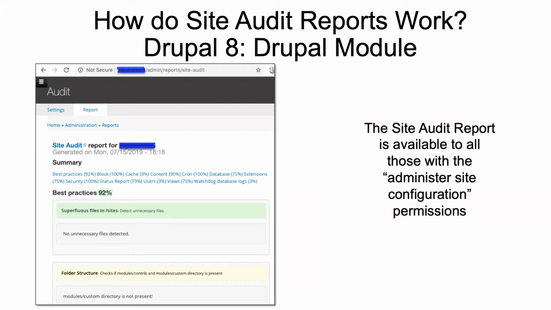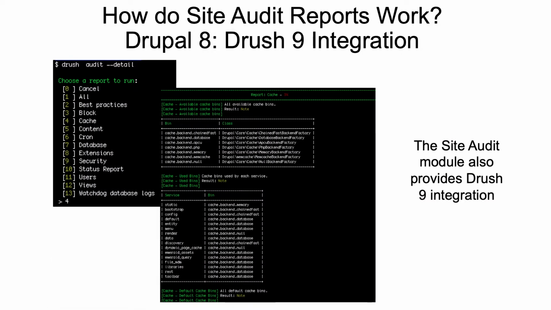So in Drupal 8, Site Audit is a Drupal module, not a Drush plugin. It's available to all those with the administer site configuration permission, and you need to navigate to the site to be able to see the report. In Drupal 8, the Site Audit module also provides some Drush 9 integration, where you can choose which report you want and get the report as standard console output.